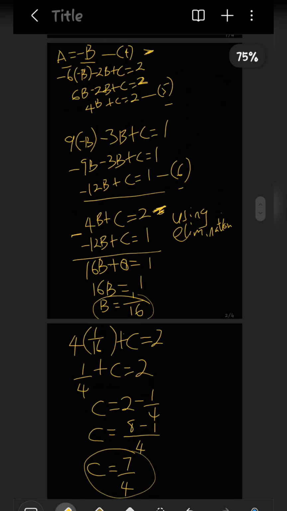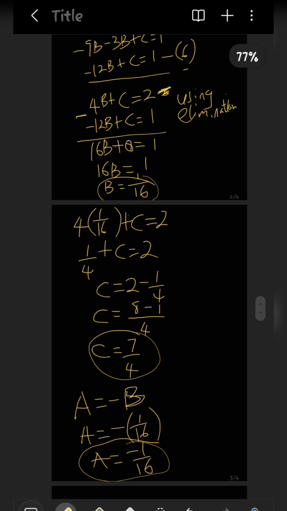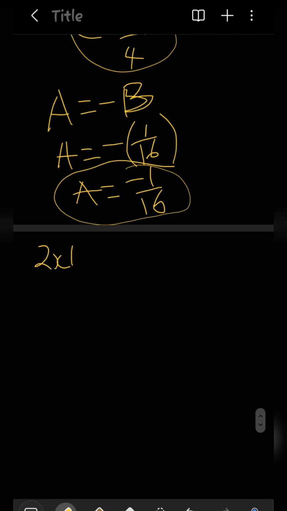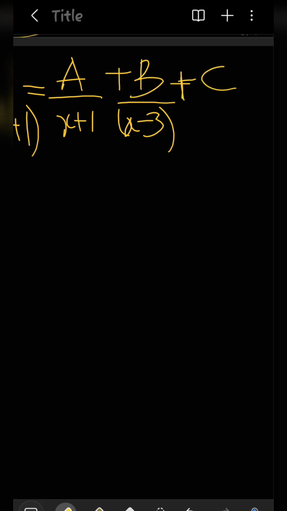So going back to the first partial fraction equation we had, we are going to put our values of A, B, and C into this equation. So we have 2x plus 1 all over x minus 3 all squared into x plus 1 is equal to A all over x plus 1 plus B all over x minus 3 plus C all over x minus 3 all squared.